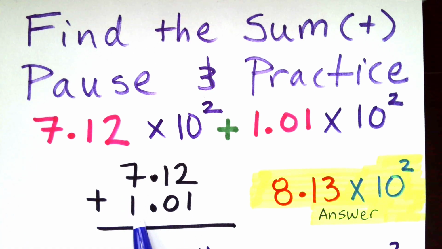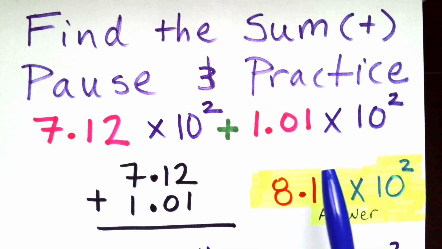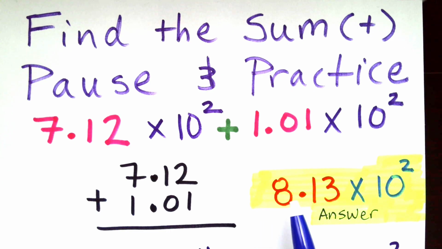And 7 plus 1 is 8. So we have 8.13, I'm showing you here, times 10 to the second power. Is this number 8.13 between 1.0 and 9.99? Yes, it is. This is your correct answer. Stick around. That last one, example number 4, could be a little tricky.